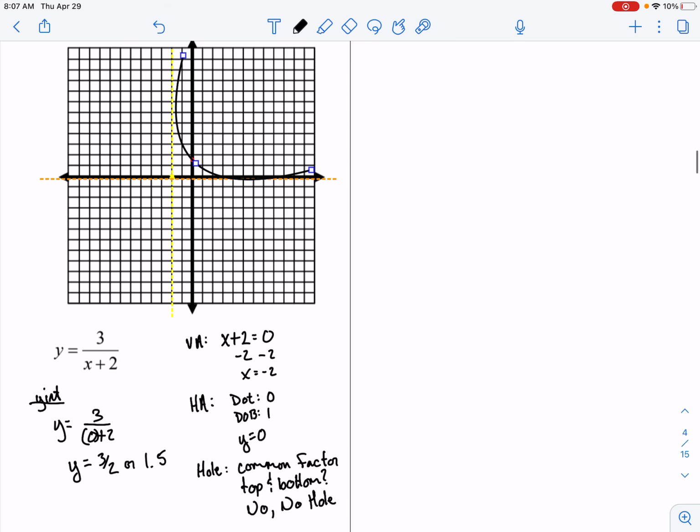So it's going to look something like that. And then it'll just be reflected over and look something like this.